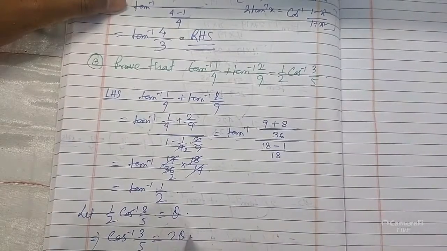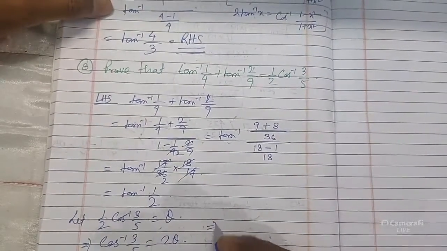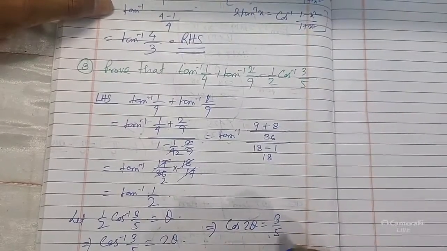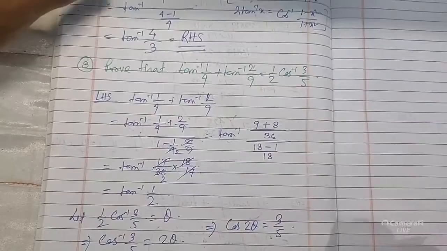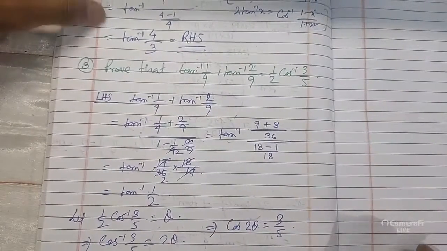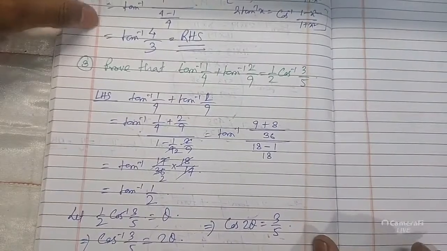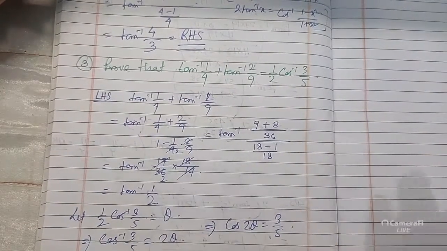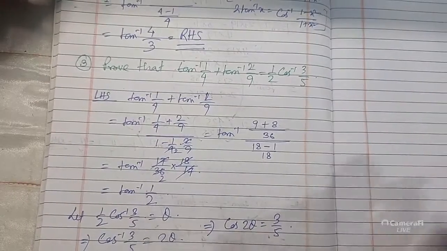Now if you move cos to this side, what do you have? It means cos of 2 theta equals 3 by 5. Cos 2 theta value is 3 by 5. Now we have one formula in trigonometry, tan theta in the form of cos 2 theta. What is that formula?